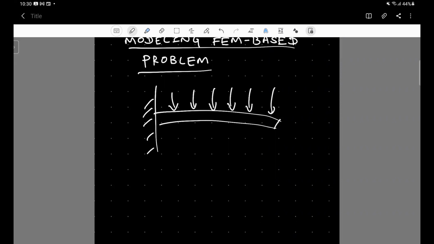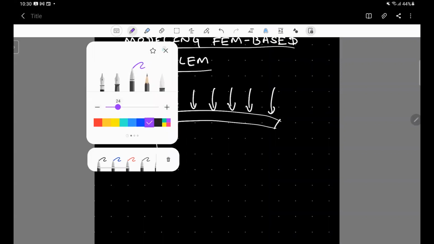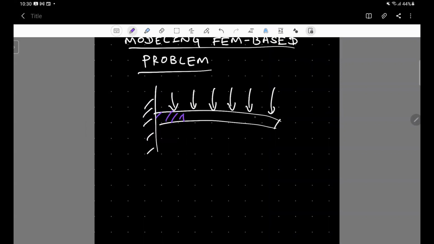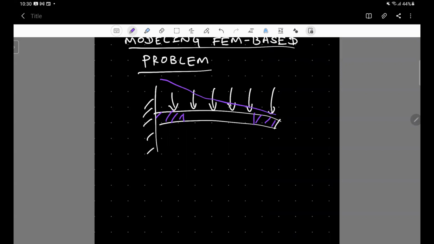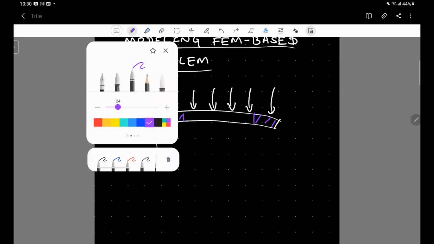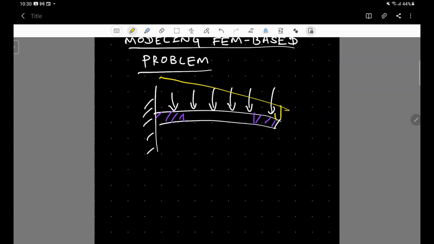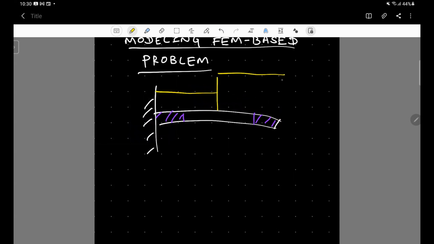And if things get more complicated, if there are different materials used within this body, and if there are drastic changes in the loading conditions within the body, then at such locations, let me assume that there are drastic changes of the loading conditions within this element.